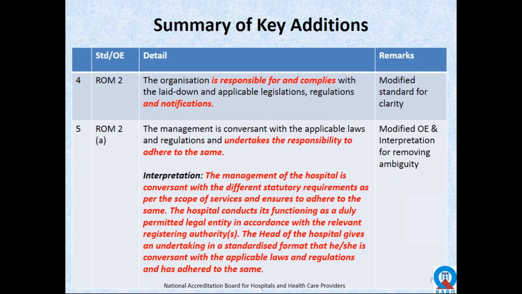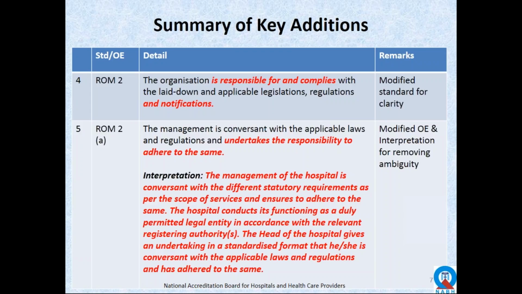In other words, this modified objective element and interpretation means that the hospital abides by the laws and regulations and gives an undertaking to this effect. We have already been taking indemnity letters from the organization stating that they are responsible and they adhere to the different laws and regulations, and this particular element also stresses this aspect. So it reduces the ambiguity on the responsibility of who is to adhere to the regulatory and statutory requirements.